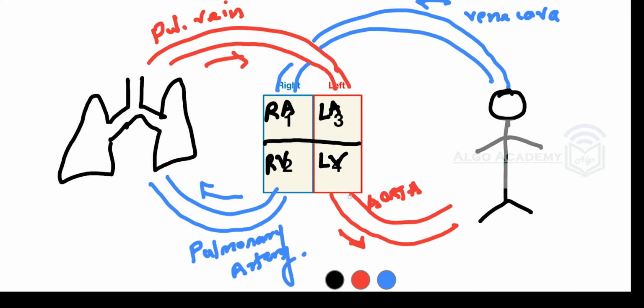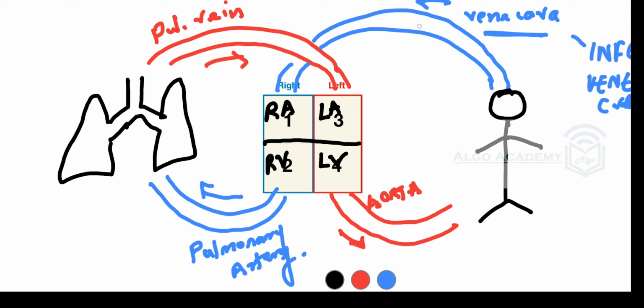Initially, the deoxygenated blood coming from different organs passes through the venous system and eventually reaches the vena cava. We have an inferior vena cava and a superior vena cava. The inferior vena cava is the largest vein in the human body.